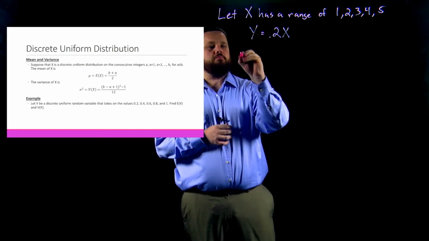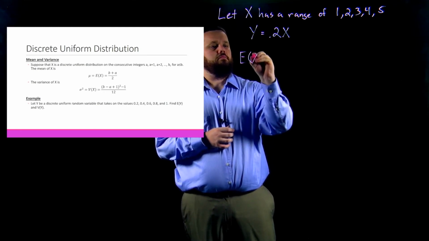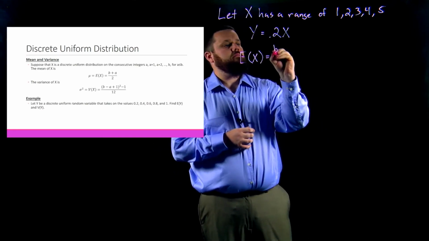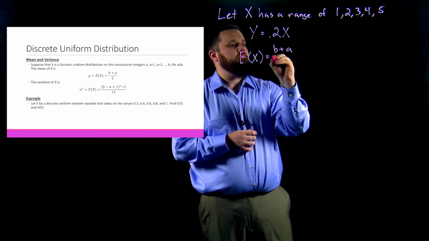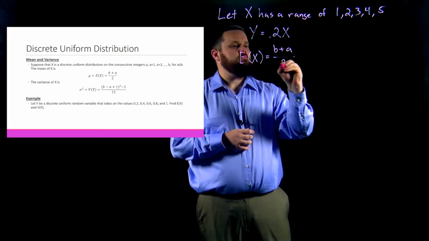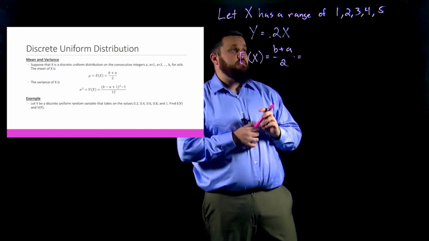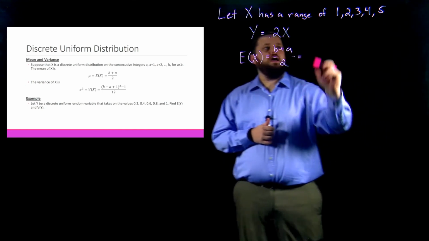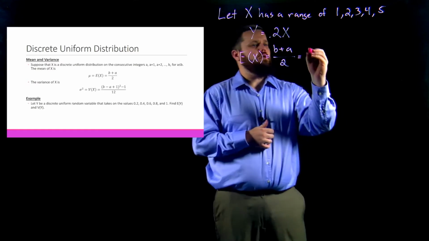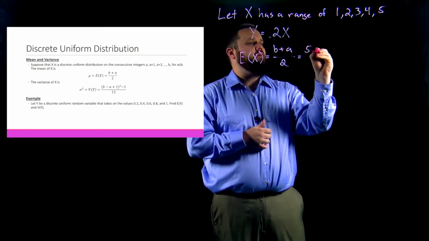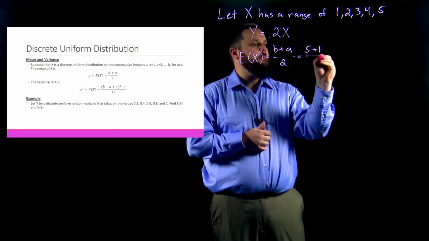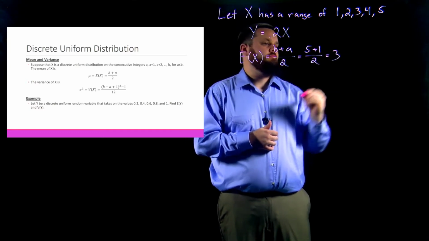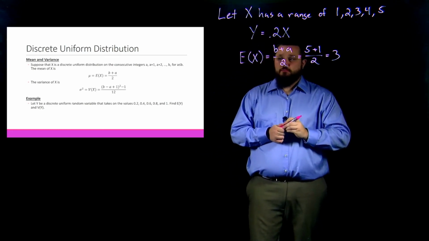So our expected value of x is defined to be (b plus a) over 2. In this case, b is going to be 5, a is going to be 1, so we're going to have 5 plus 1 over 2, so 6 over 2, we're going to end up with 3.